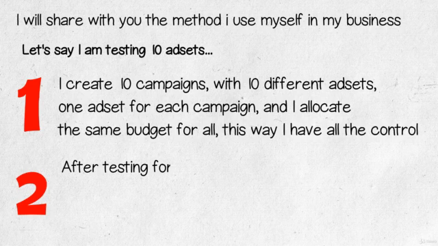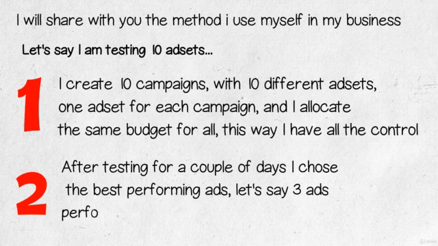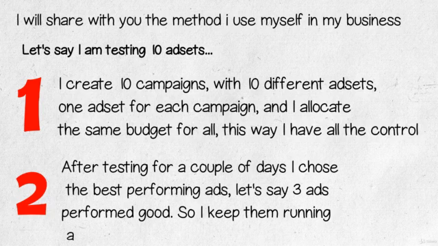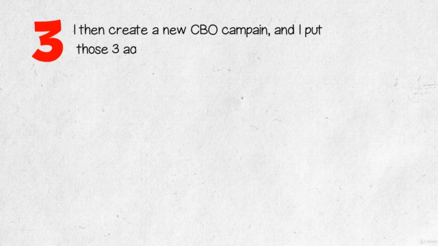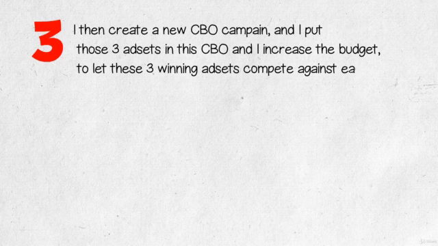After testing for a couple of days, I choose the best performing ads. Let's say 3 ads performed good, so I keep them running and I kill the 7 other ads. I then create a new CBO campaign and I put those 3 ad sets in this CBO, and I increase the budget to let these 3 winning ad sets compete against each other.